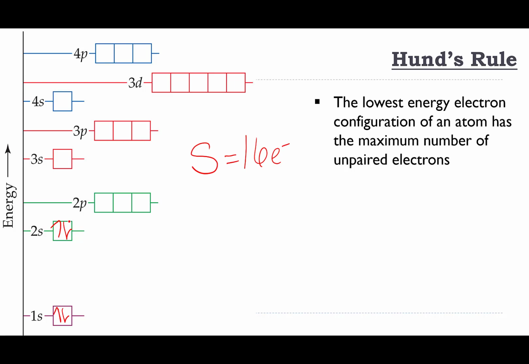Remember that they go in unpaired. So this is how I always fill them up. So we've got 4, 5, 6, 7, 8, 9, 10, 11, 12, 13, 14, 15, and 16. So that would be the orbital diagram for sulfur.